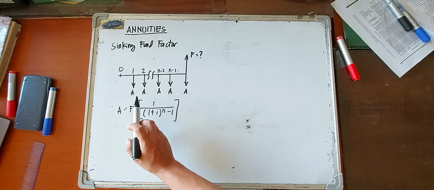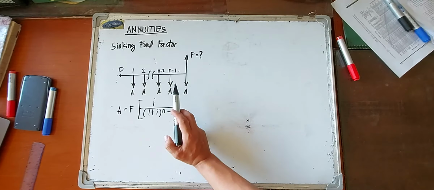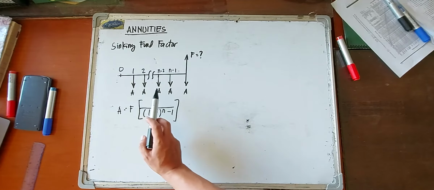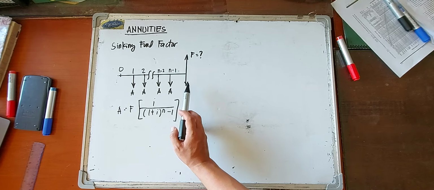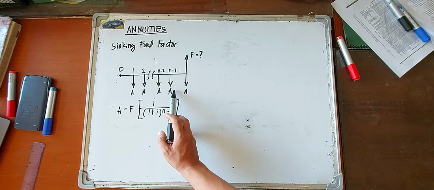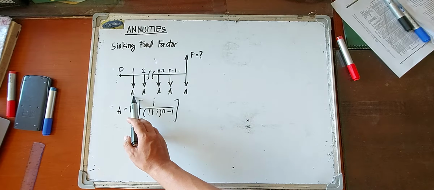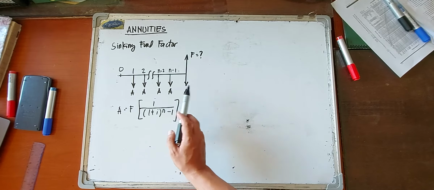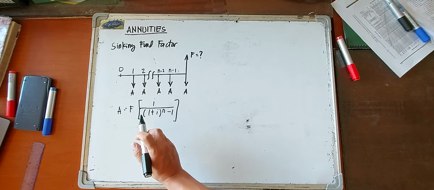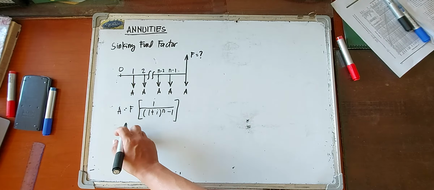Okay, so what we're going to do is to transfer, hindi naman transfer, we just compute for the value of each periodic payment sa may future worth niya at a certain time. So for example, ito and may 1, kunin natin yung value niya in the future, and then ito, and so on.